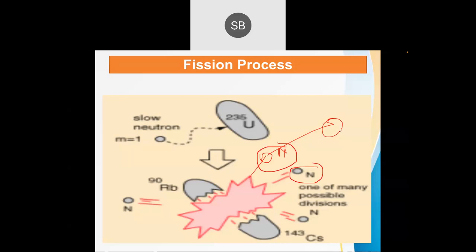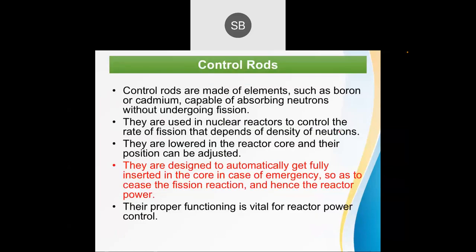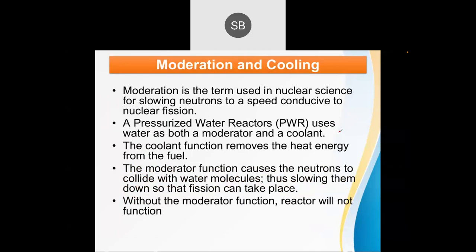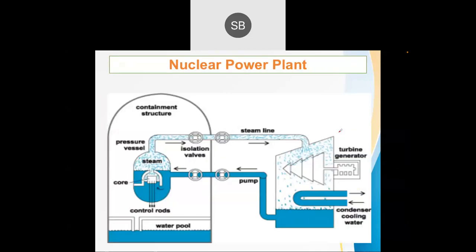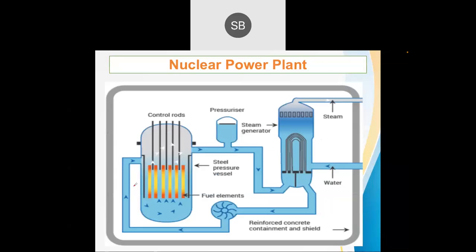Now to control this reaction, because if there is fuel available and this chain reaction starts, it will not be in control. So for controlling this reaction, we are going to control these neutrons. If those neutrons strike another atom of uranium, it will again split up into three different atoms, and again three neutrons will be given up.